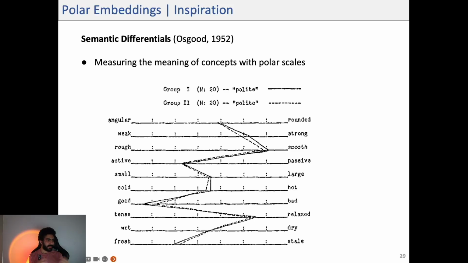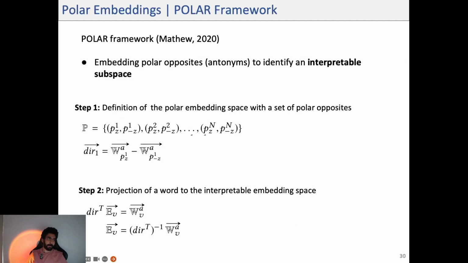So instead of just using dense embeddings with 768 dimensions that we do not fully interpret, we can now explicitly measure where a word lies on, let's say, an honest-dishonest or liberal-conservative scale, much like Osgood's early work. And this is the inspiration behind polarity as a lens to understand and structure language in embeddings.